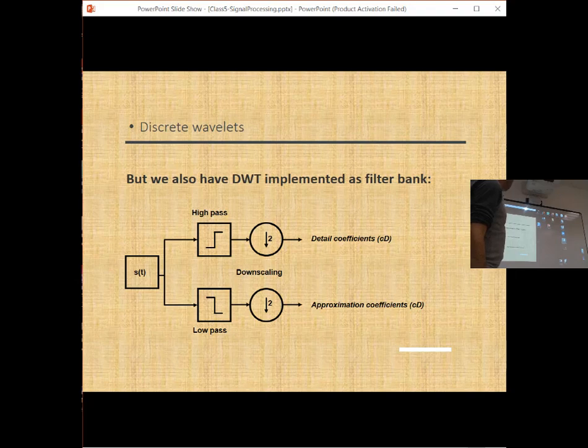Okay, so up to now I discussed the continuous wavelet transform. What has been done is that you can quantify the wavelet decomposition according to some dyadic bands, for example, from 1 to 2, 2 to 4, 4 to 8, and so on.